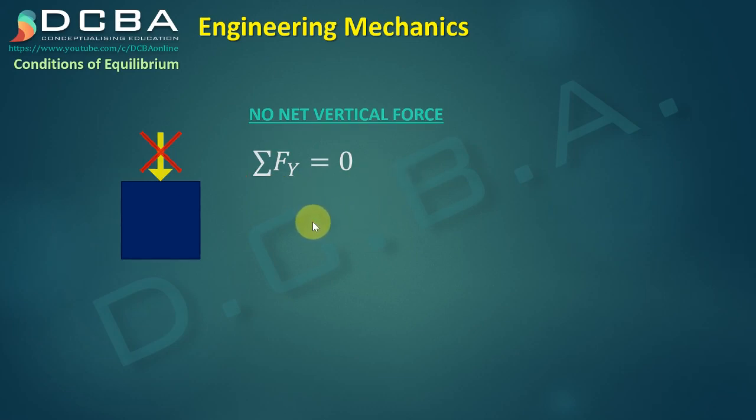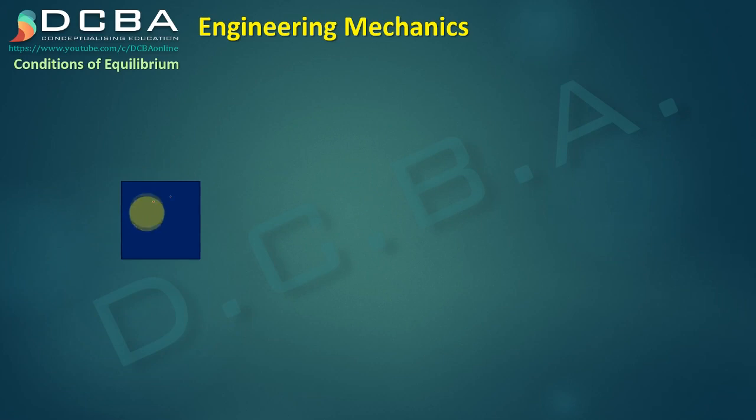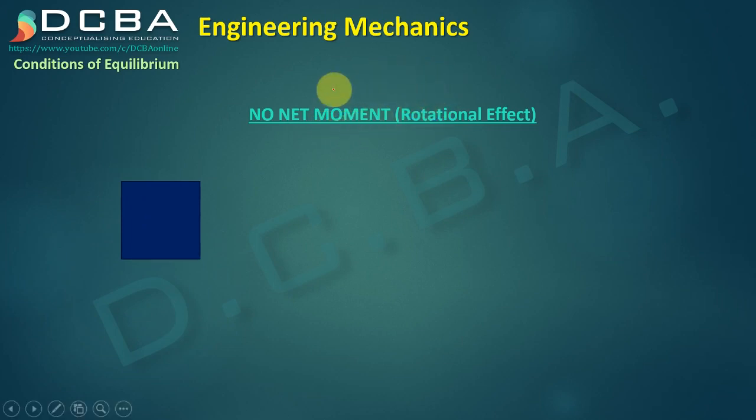Then we have, if the body is rotating, again it cannot be under equilibrium, because if an object keeps on rotating, obviously it is getting displaced from its original position, so it cannot be under equilibrium. Therefore no net moment or no rotational effect. So we can say that summation of moment is equal to 0.